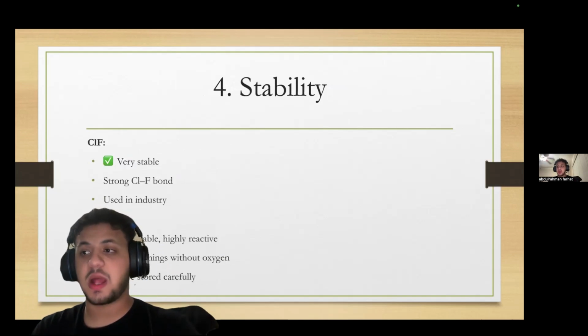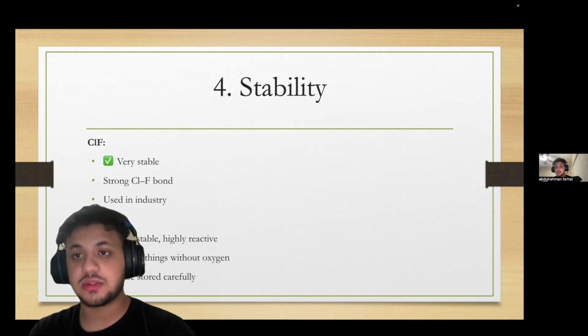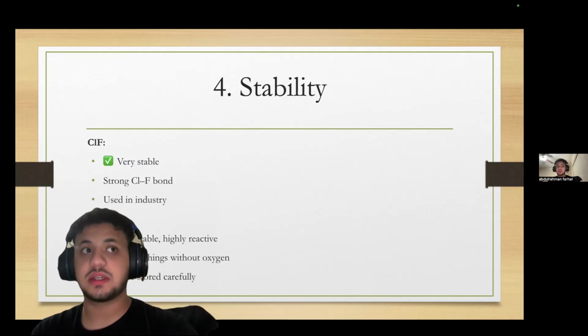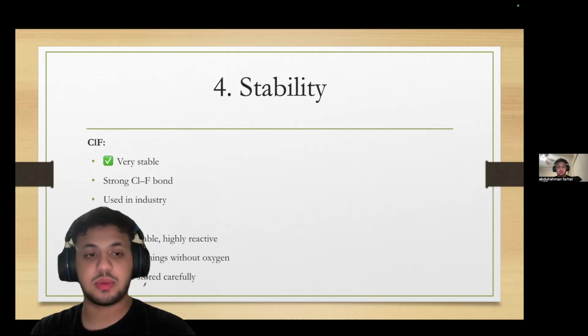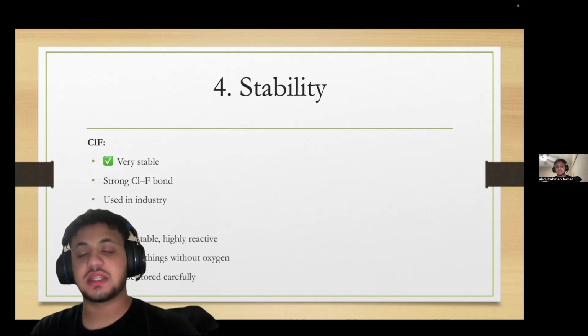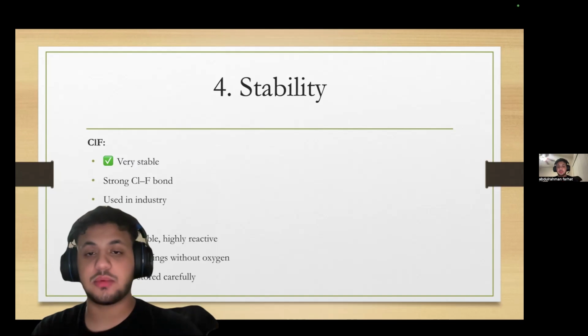Stability is a major thing we should talk about when we compare both compounds. ClF is very stable, and it does have very strong ClF bonds, and it's used in industry, such as the cleaning industry. It's highly used in cleaning products. Everyday chlorine that we use to clean is one of the applications of ClF. ClF3, on the other side, is very, very reactive, and it's less stable.